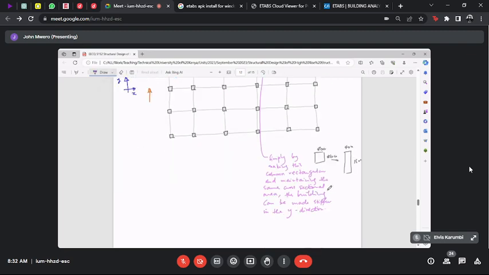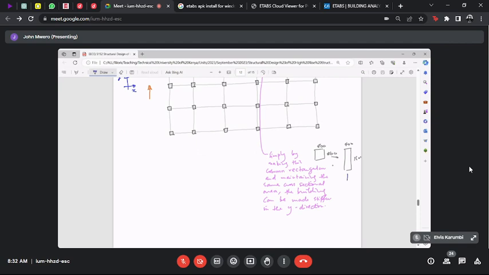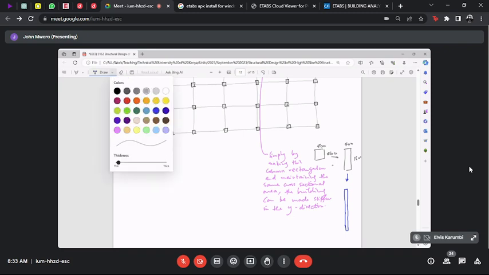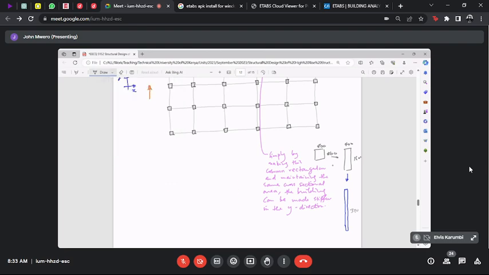For example, if this same column now we made it only 200 millimeters thick, for us to achieve the 640,000 square millimeters, we will need to have this column have a length of 3.2 meters by 200 millimeters.